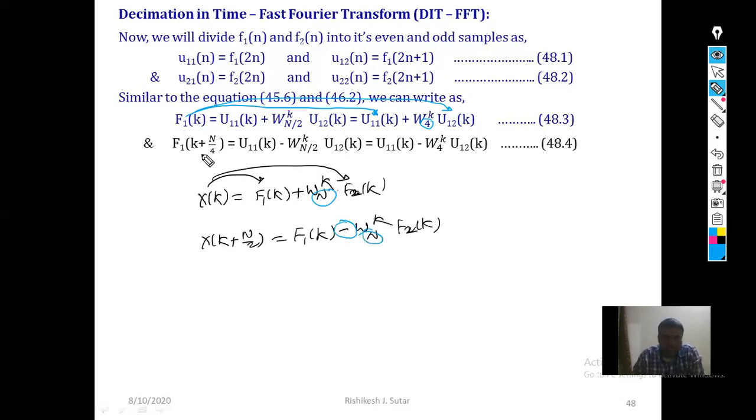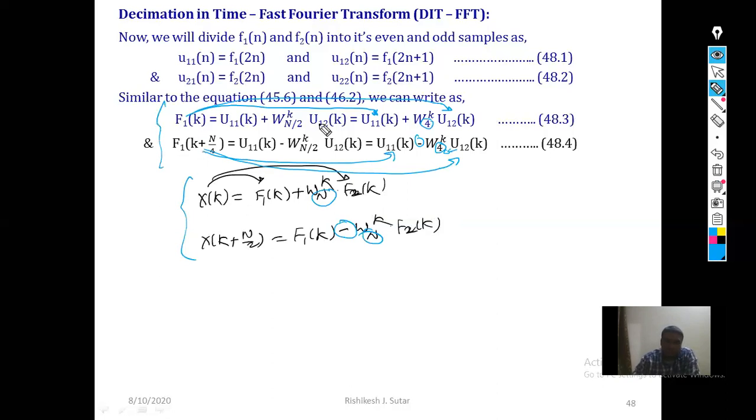Okay, so the same thing happens here. F1 of k would be u11 of k, and this should be u12 of k with the negative sign, and as F1 of k is a 4-point DFT, or you can say an N by 2-point DFT, we have to write 4 here. Okay, so from this equation only we can derive this equation.